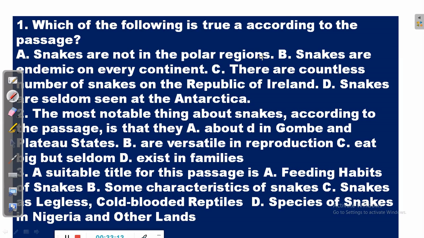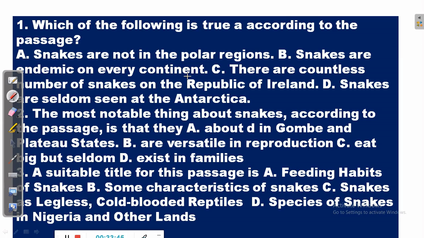So now you can see that we can use the elimination method. With the information we already gathered from the passage, we can begin to eliminate options that do not really give us the answer. B, snakes are endemic on every continent. Of course, we can eliminate these two because we already saw in the passage that snakes are found in all continents except the Antarctica.